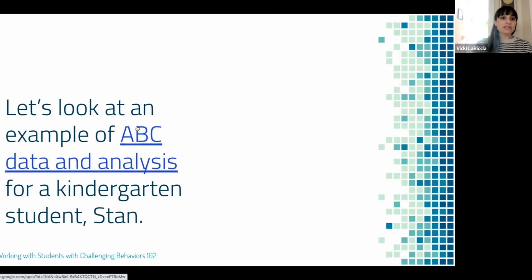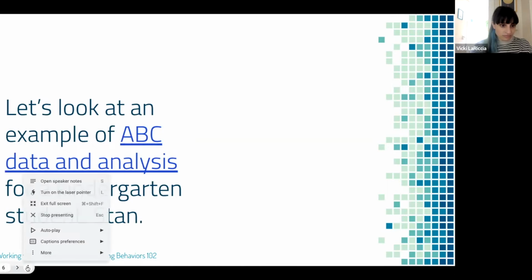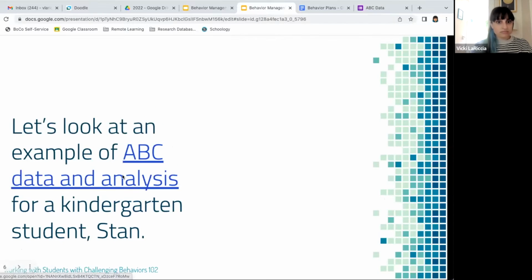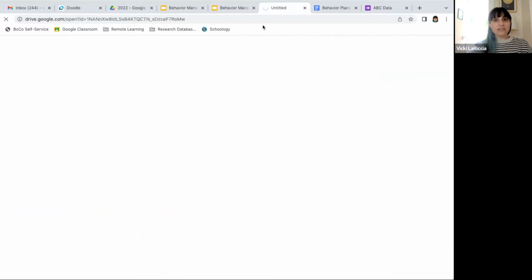So we're going to look at some ABC data and analysis of any patterns in the data for this student Stan, who is in kindergarten. And this comes from the Behavior Code Companion book.